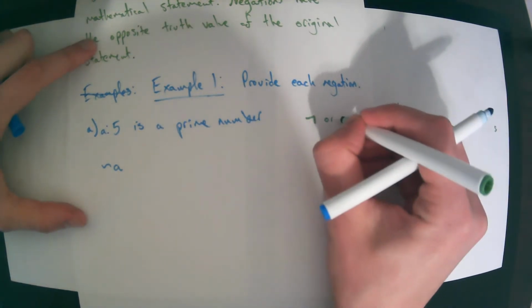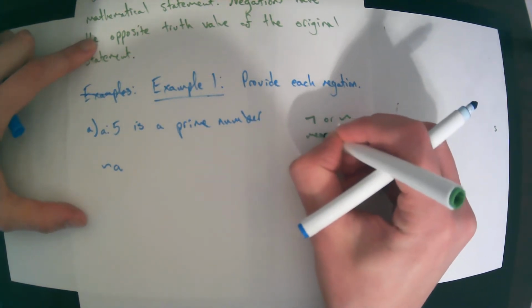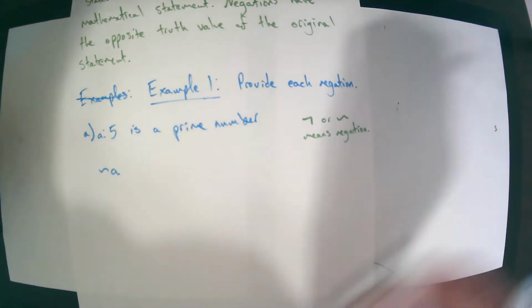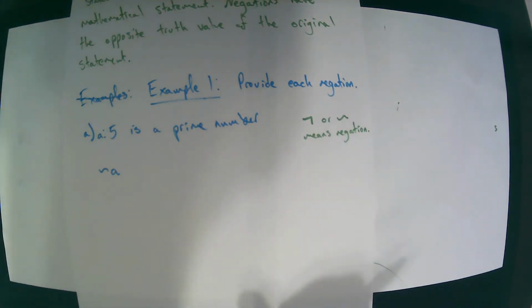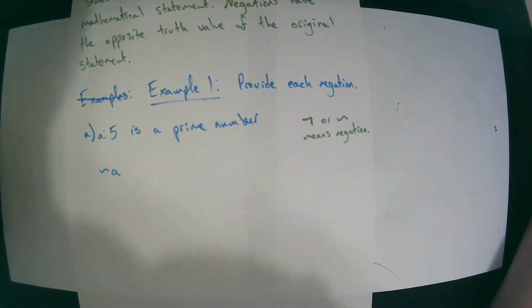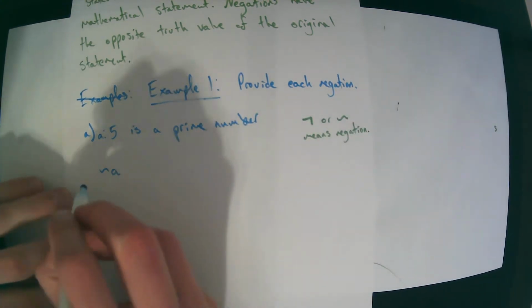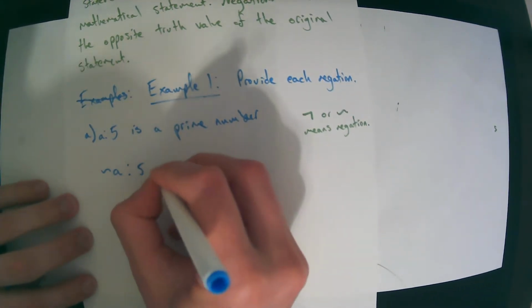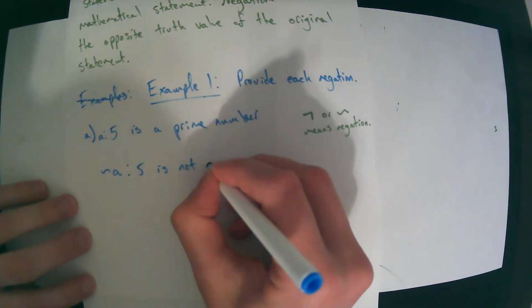So this or this means negation. We're going to be using symbols or letters a lot in this chapter to represent statements. So here I want the negation of A, and it really is as easy as saying 5 is not a prime number.